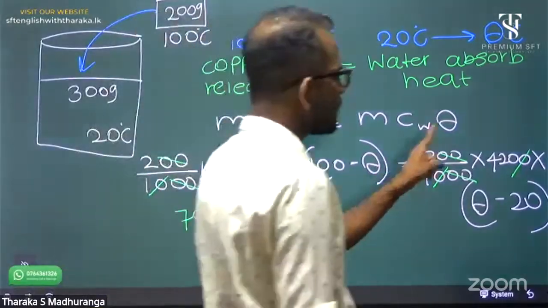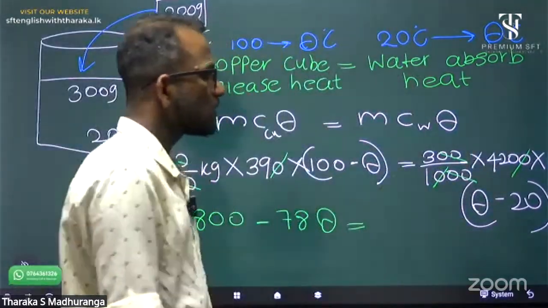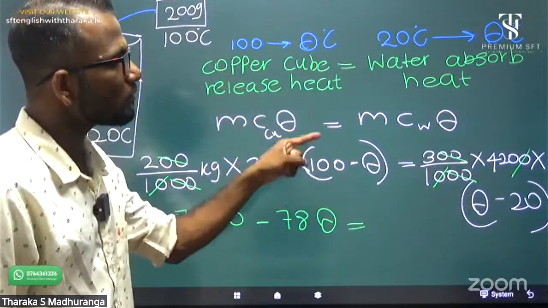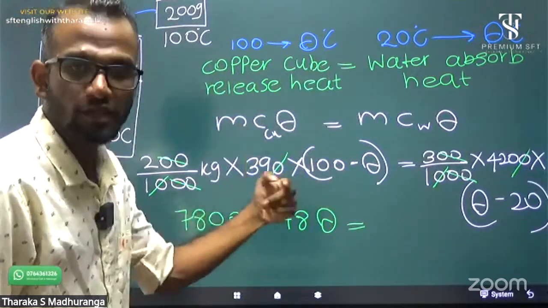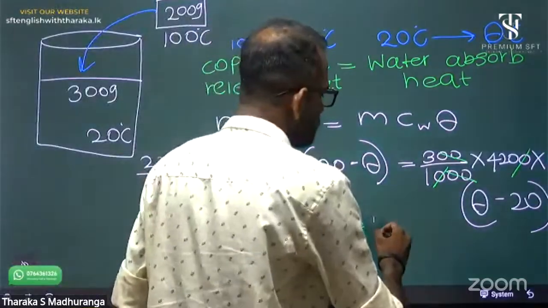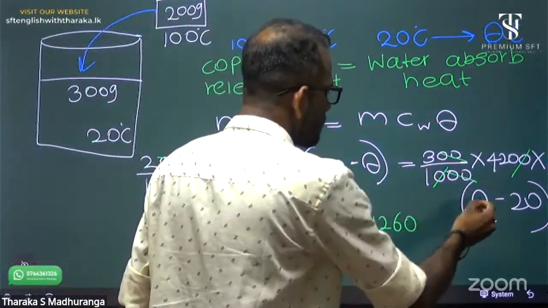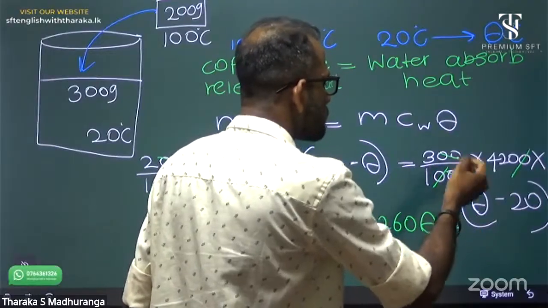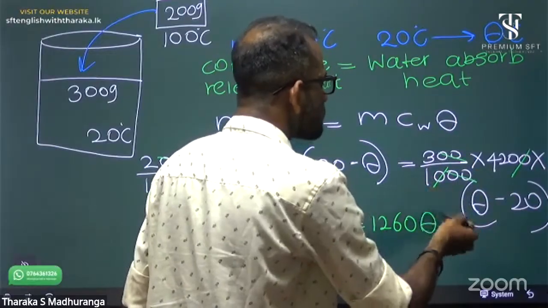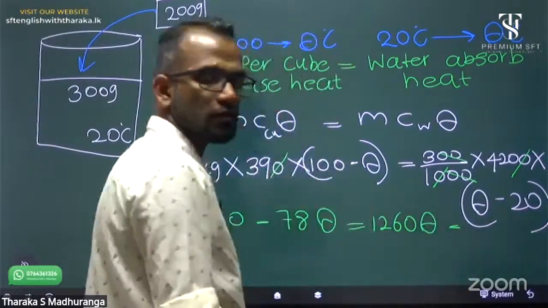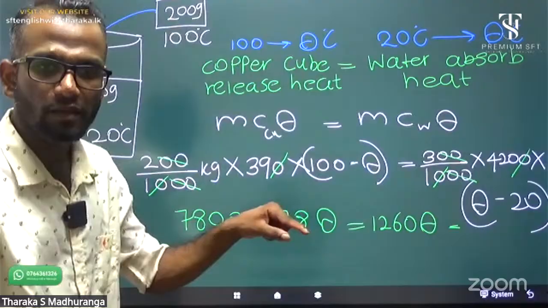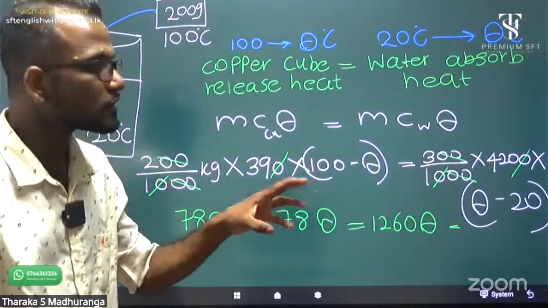Right, now 3 into 420 means 1260. 1260 into theta minus 20. 1260 into 20, what's the value? Any doubt, please ask.